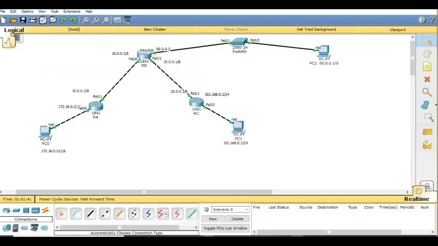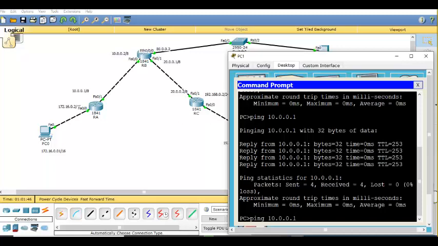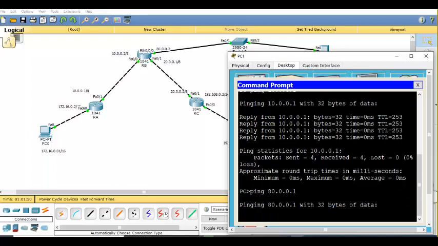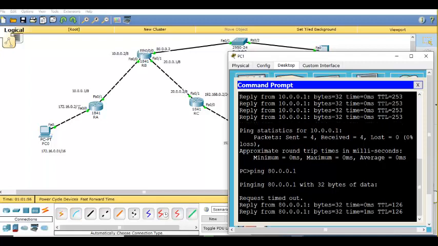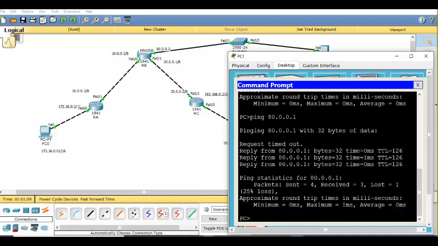Likewise, we can also ping from this computer here, 80. Yeah, so that's how your task is simple.